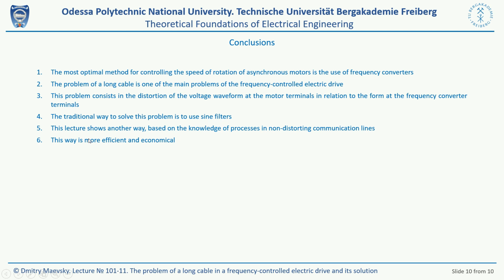This lecture shows another way, based on the knowledge of processes in distortionless transmission lines. We used additional inductors to make the communication line, the transmission line between the frequency converter and the motor, a distortionless line.